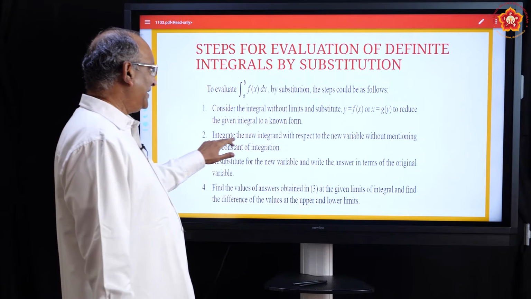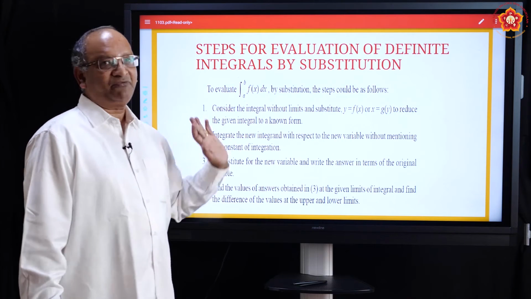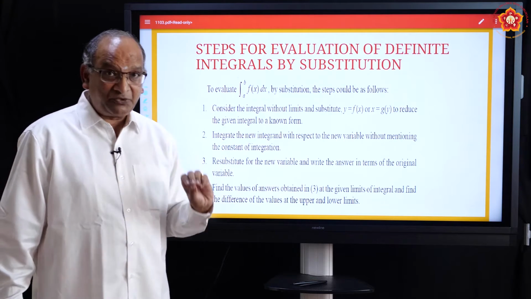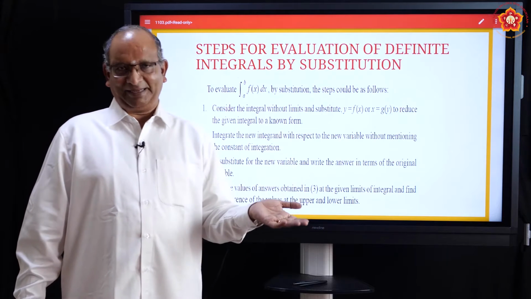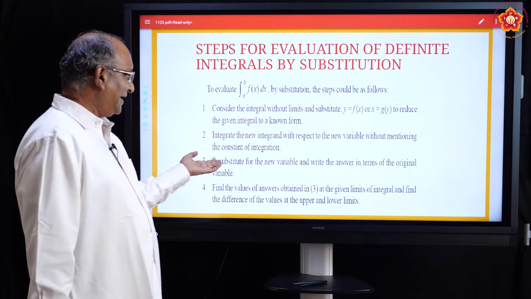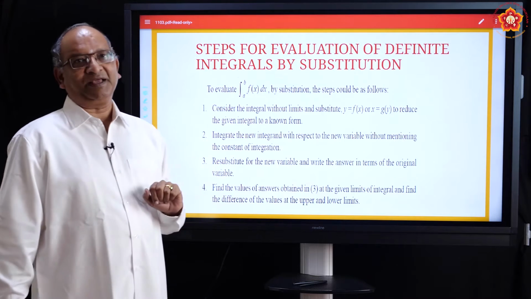Integrate the new integrand with respect to the new variable without mentioning the constant of integration. Since we are doing definite integral, there is no need to add constant of integration. Next, resubstitute the new variable, write the answer in terms of the original variable.